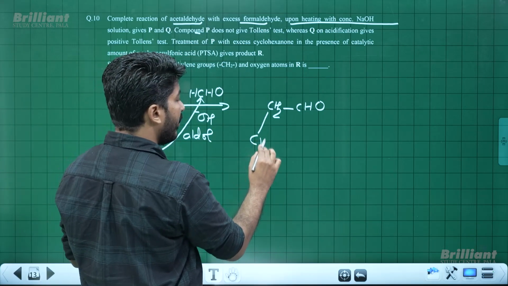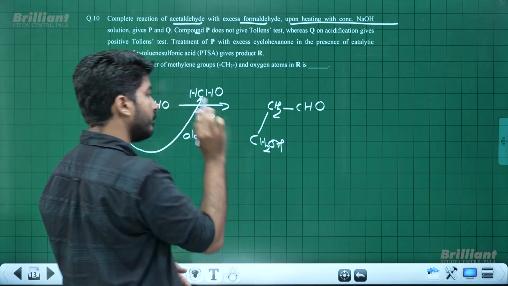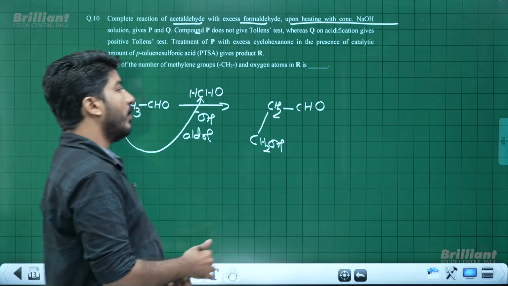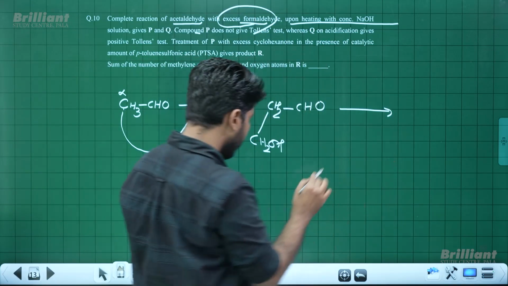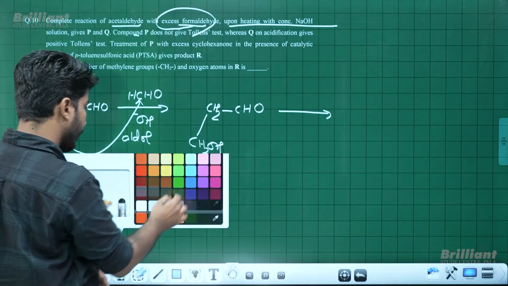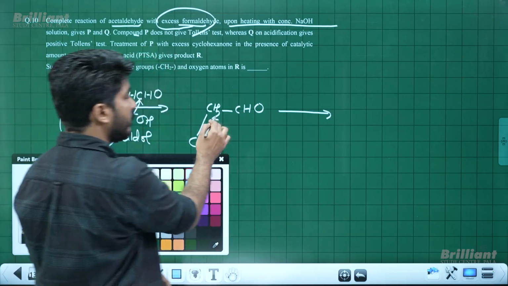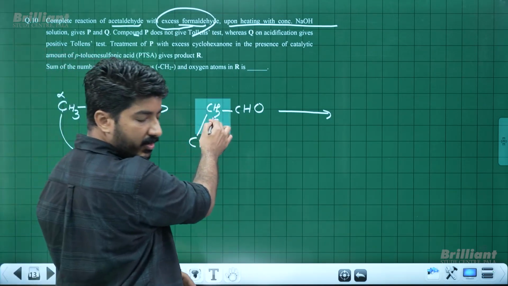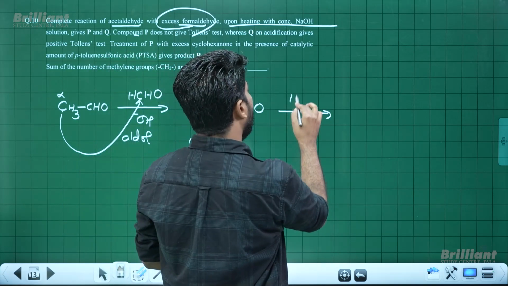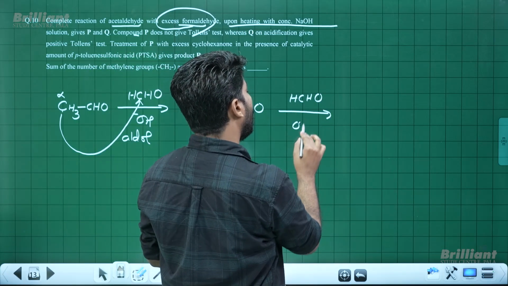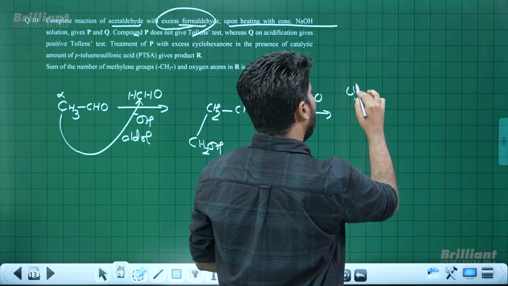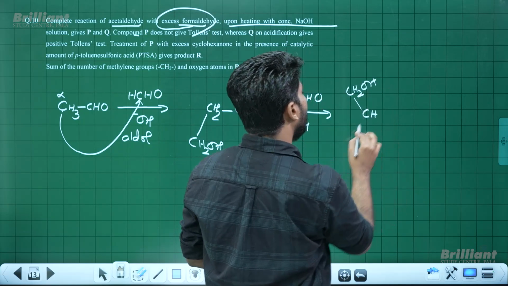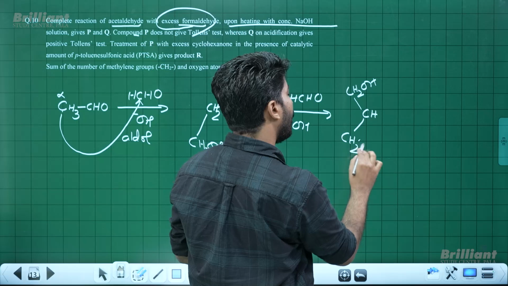And formaldehyde now becomes CH2OH. Again, since we are using excess of formaldehyde, the reaction goes forward. One more aldol can occur because alpha hydrogens are still remaining in the acetaldehyde part. So the next equivalent of HCHO also reacts in basic medium, and we get one more CH2OH unit on the alpha carbon after aldol addition.